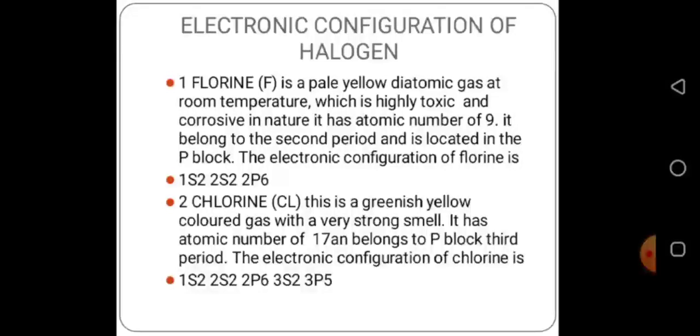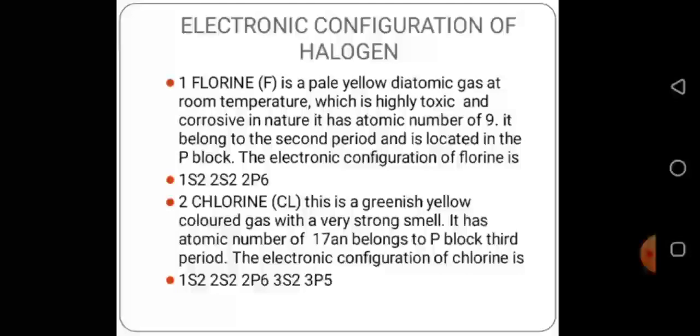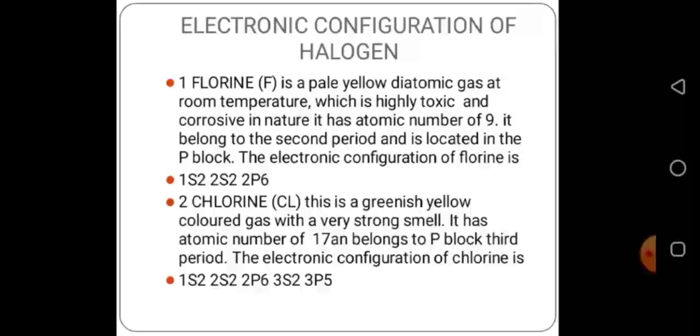Of the 9 electrons in fluorine, 2 of the electrons enter the K shell, and the remaining, that is 7, will enter the L shell. So fluorine has K and L shells. That is why they say it belongs to the second period.